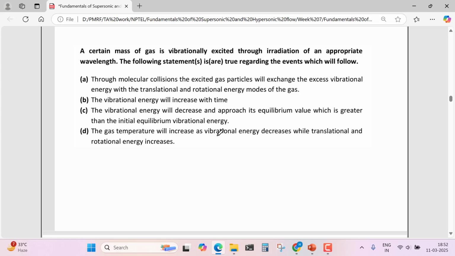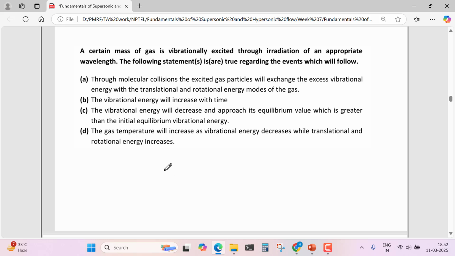Option C: vibrational energy will decrease and approach its equilibrium value, which is greater than the initial equilibrium vibrational energy. Option D: the gas temperature will increase as vibrational energy decreases, while translational and rotational energy increase. So in this one, multiple options are true.